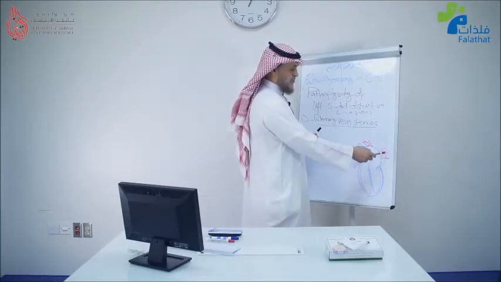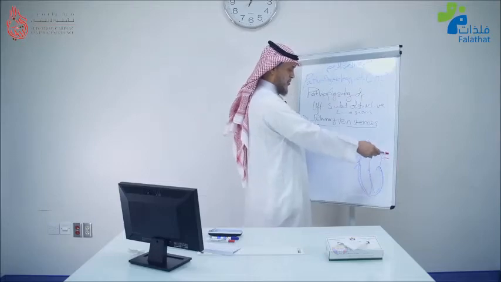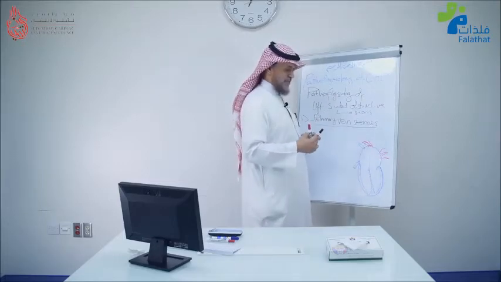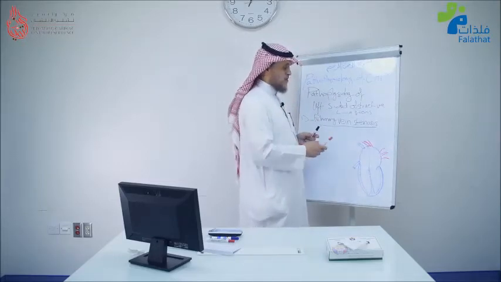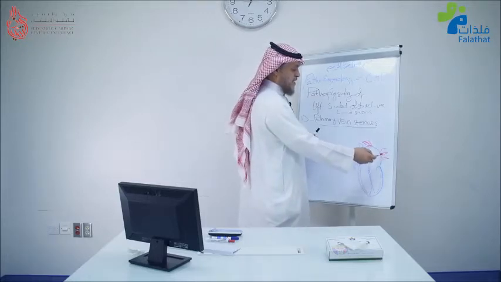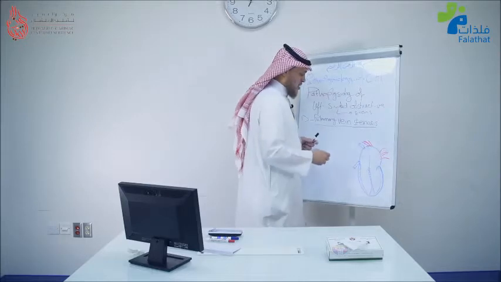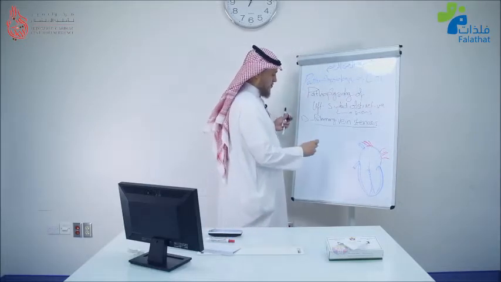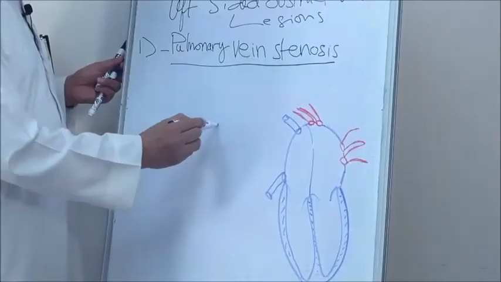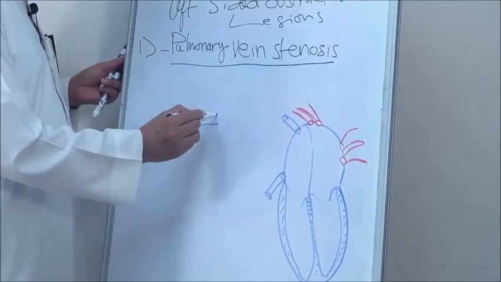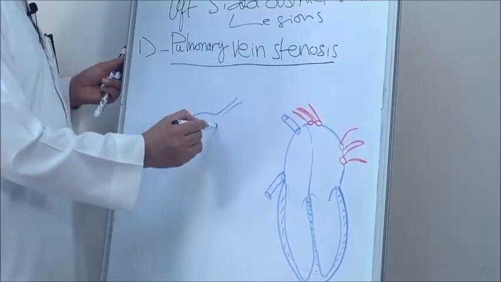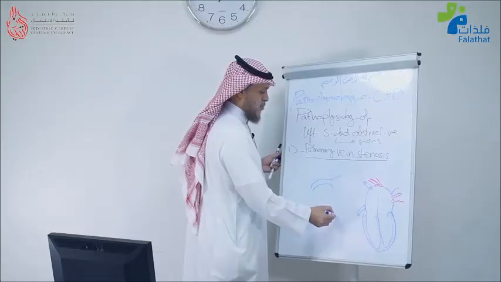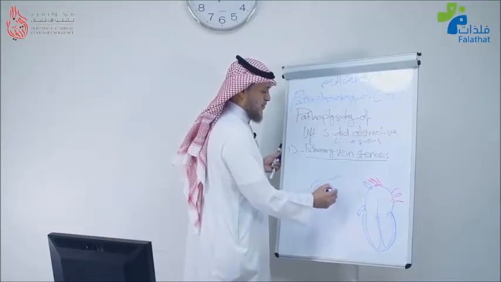Let's say this is the left lower vein, which is actually commonly involved and being a single vein stenosis. If this vein has a stenosis, then the left lower lobe of the lung, this is the left pulmonary artery, this is the upper lobe, and this is the lower lobe artery.